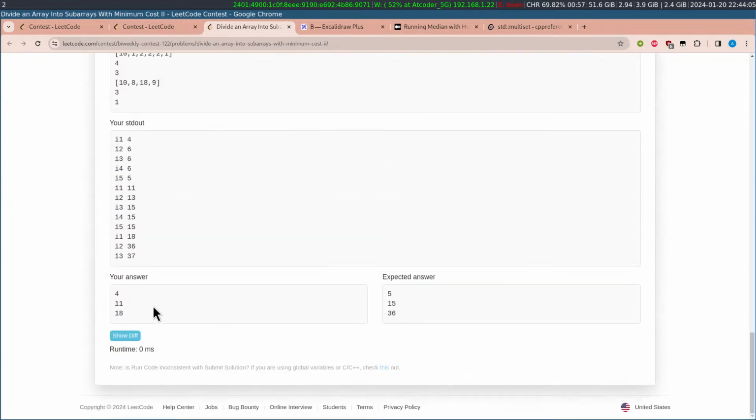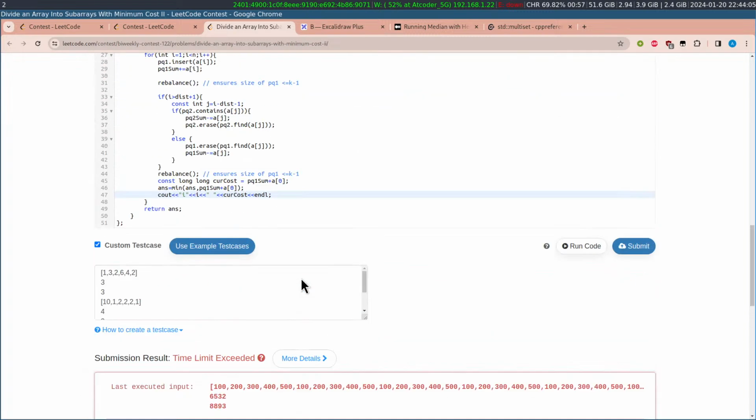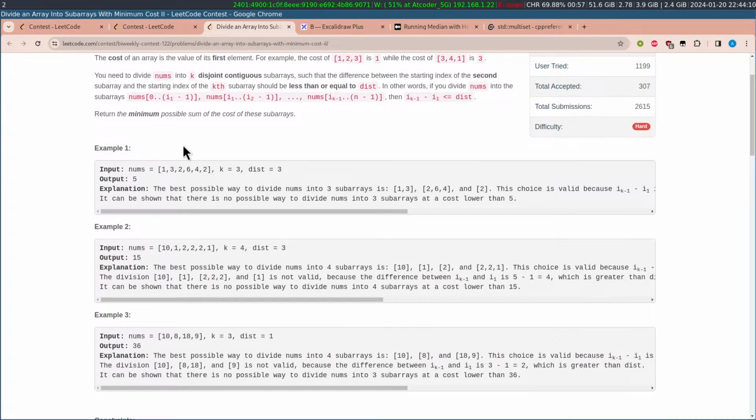Like it says for the first element, the minimum cost is 4. So for the first element, the distance is 3. So the minimum cost should be 5, right?